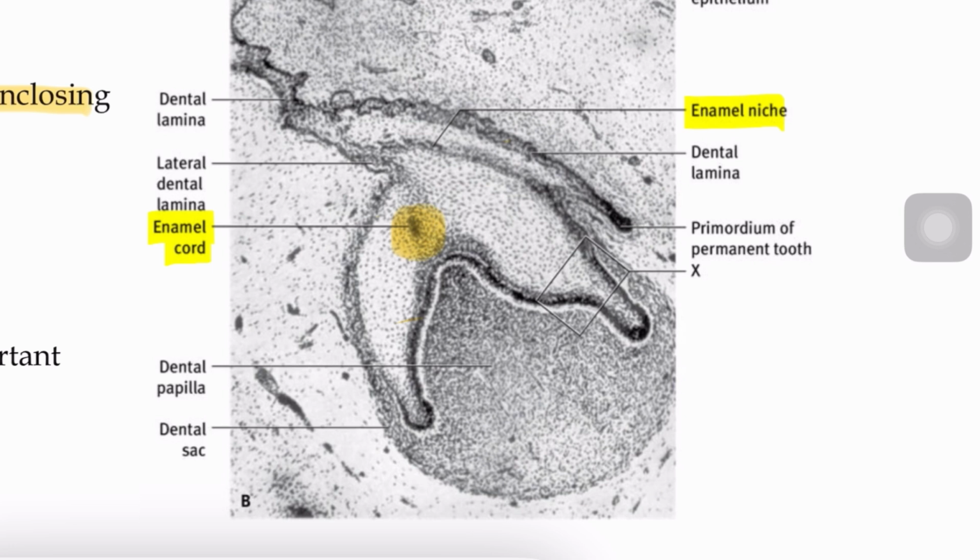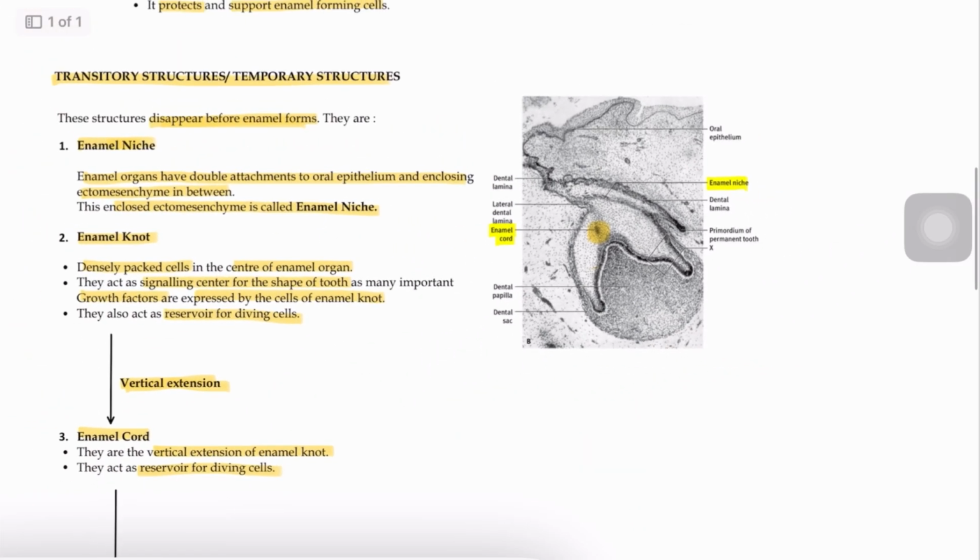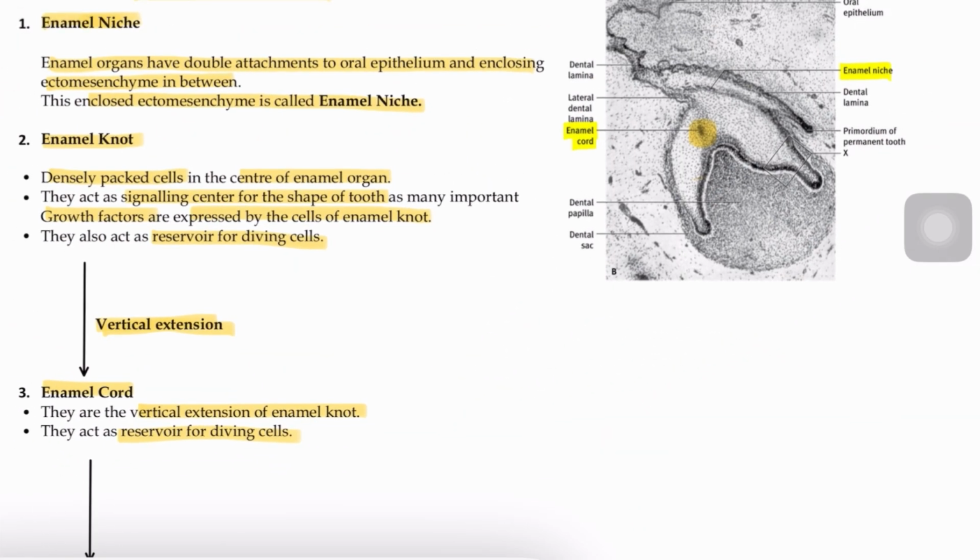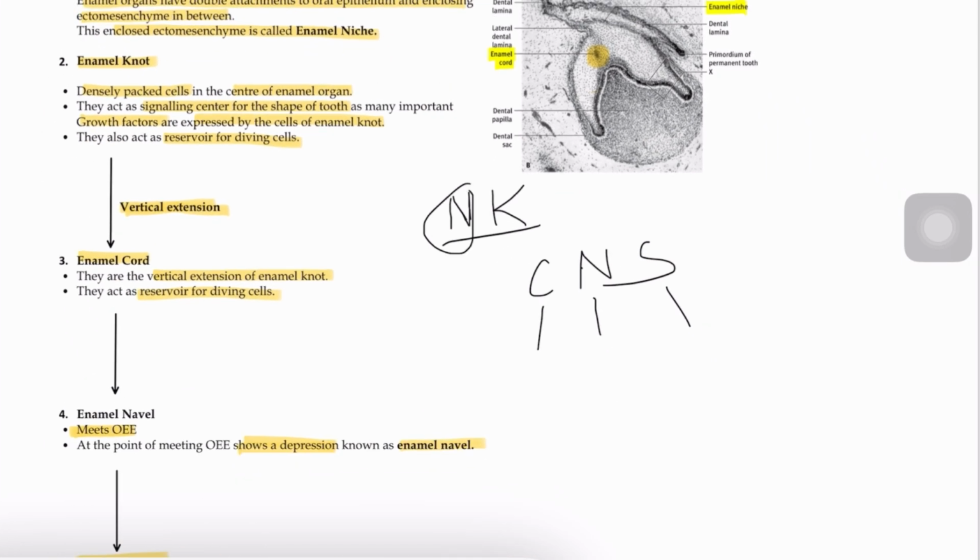How to remember this? First we talked about niche, then we talked about knot. You can remember them as NK, and if you know natural killer cells, NK cells, well and good. Otherwise you have to remember this: niche was established, after that we tied the knot. Whatever way you want to remember, remember NK. After NK, we have C N S. What is it? Cord, navel, septum. It is written very briefly, so it will have cord navel septum. So niche, enamel knot, cord, navel, septum.